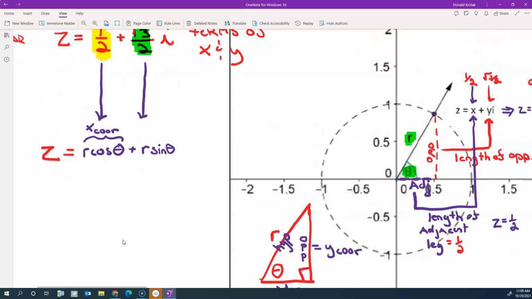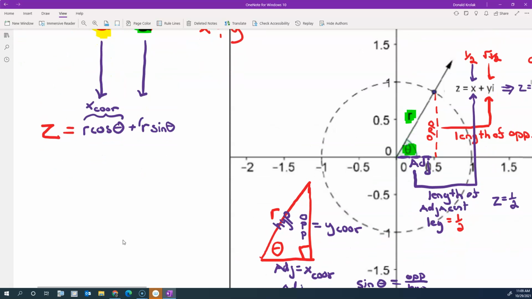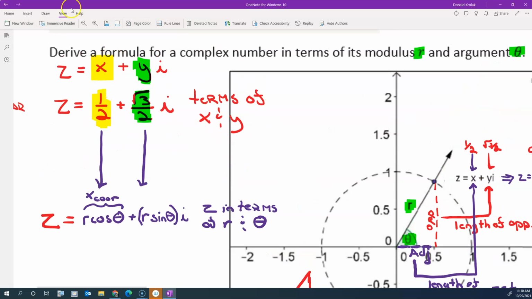And that's going to get multiplied by I. Okay, so now this is Z in terms of R and theta.